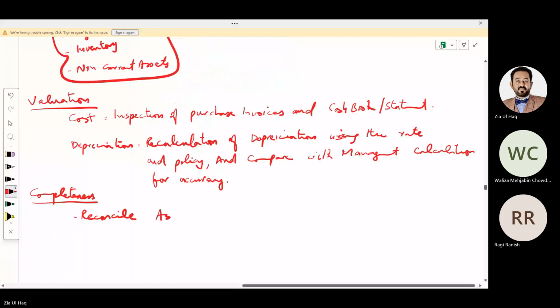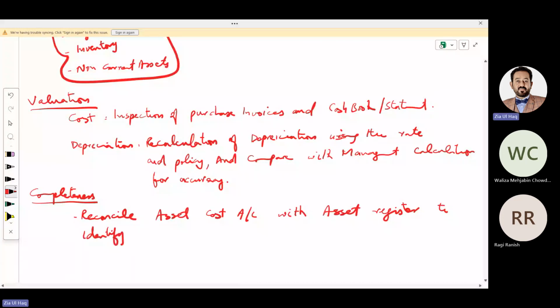Reconcile the asset cost account with the asset register to identify any differences. Because if there is any difference, this means it is not completely recorded, could be either missing or understated.